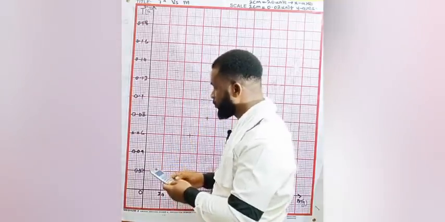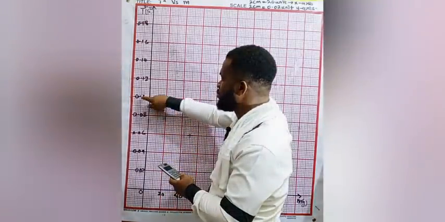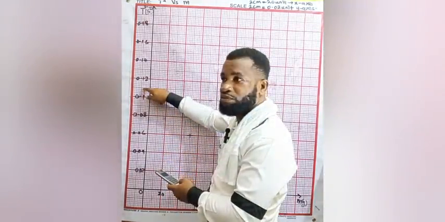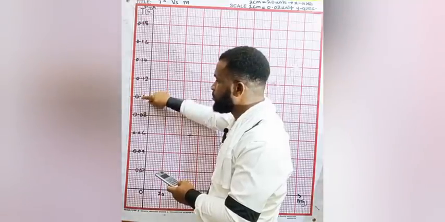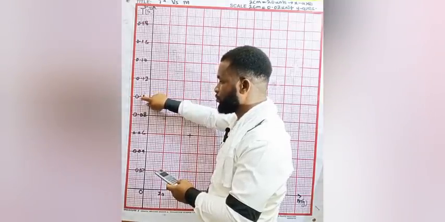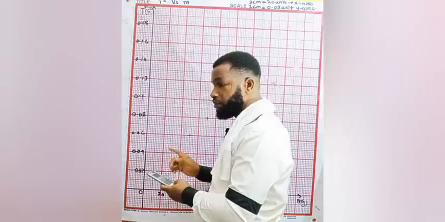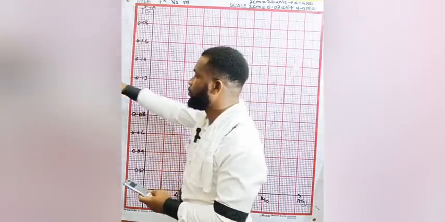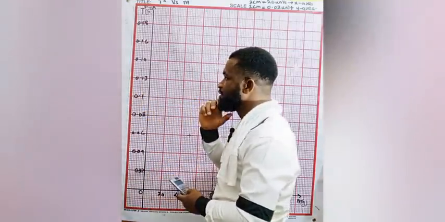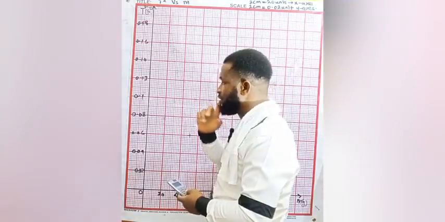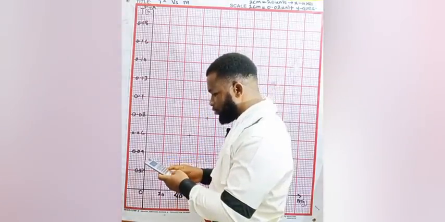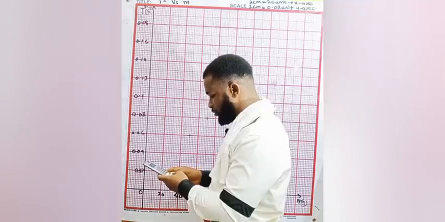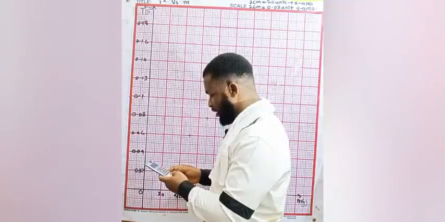But see the fastest way to do it. You know that you are looking for 0.11. Say 0.11 minus 0.1. You are going to have 0.01. Let's do it. In your table of values, you want to get 0.11. Say 0.11 minus 0.1. What do you have?